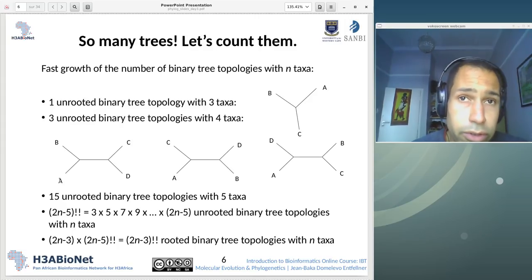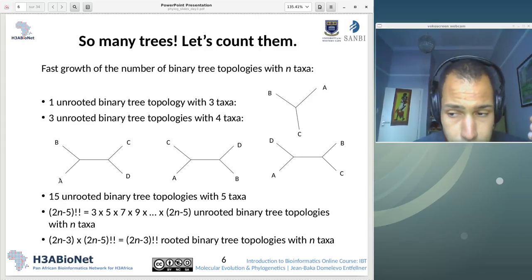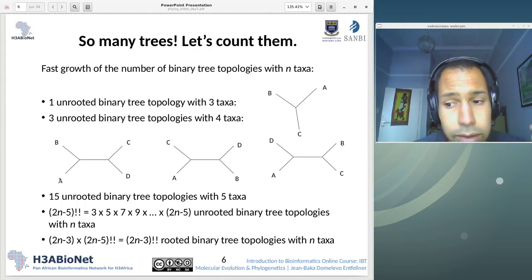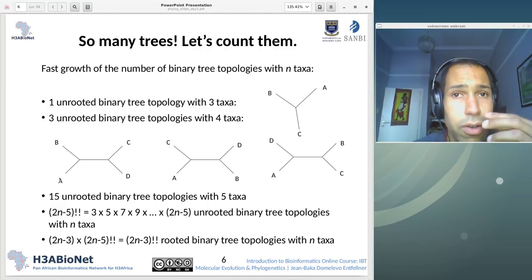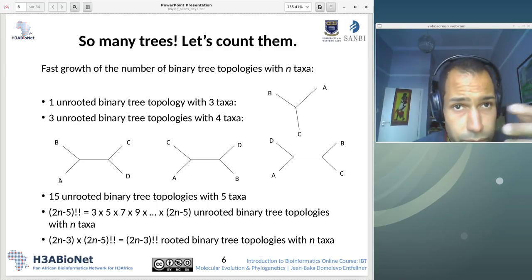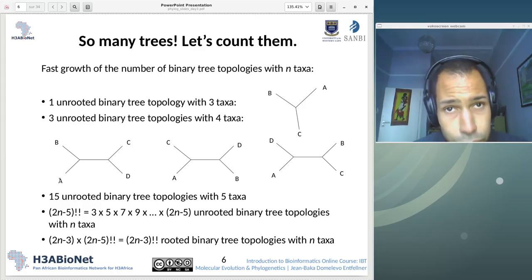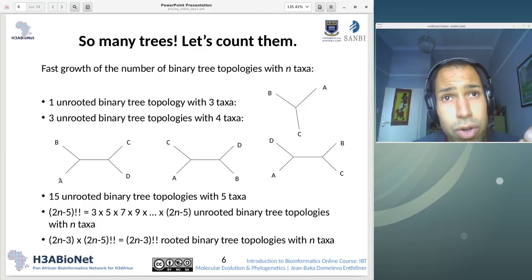It consists in removing the terminal node corresponding to that taxon and removing the edge linking this taxon to the rest of the tree. And then you have to merge the 2 branches that were adjacent to the node that you just removed.